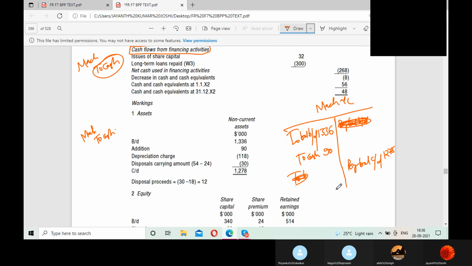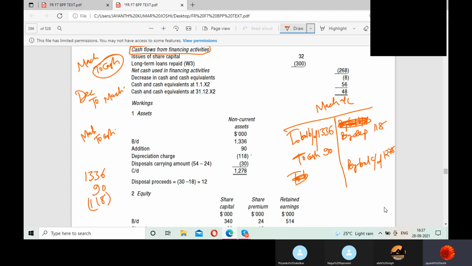Okay. So I'll simultaneously make here. This was your opening balance. You bought one more machinery and then your asset has got depreciated, it seems. Okay. This year depreciation is how much? 118. So depreciation to machinery, in machinery by depreciation. It's an account which reduces the balance of the asset.